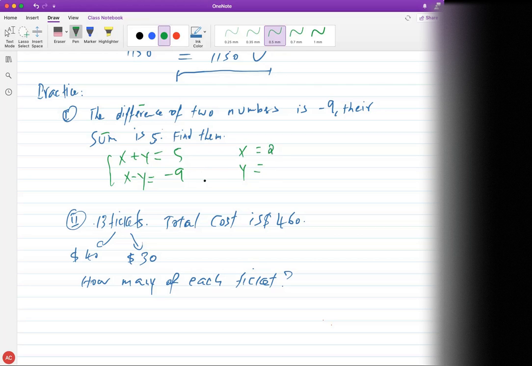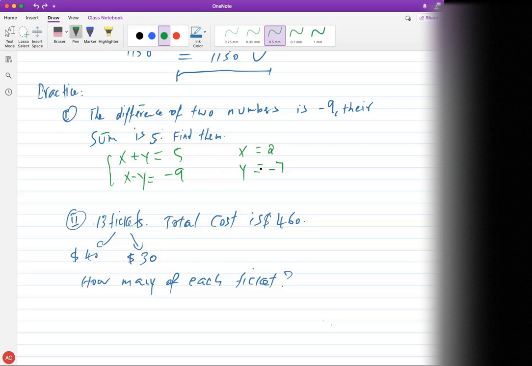So the numbers are, if you solve this, it would be -2 and... is it -2? Yeah, so you should get -2 and -7, or actually 2 and 7.